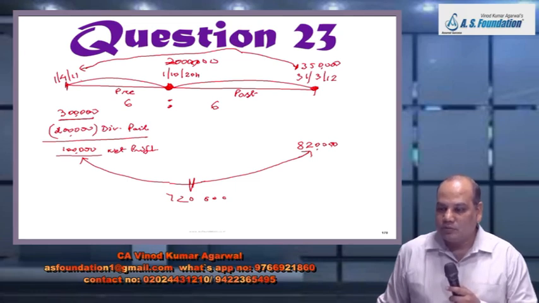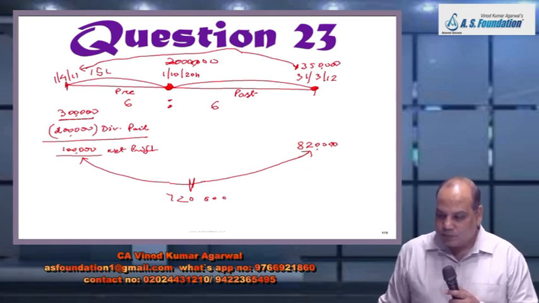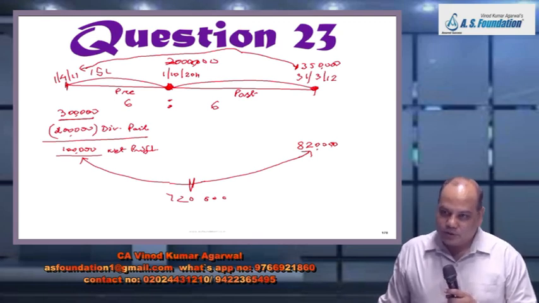How much is that? 15 lakh. And then 15 lakh minus depreciation for 6 months will give you the book value on 1st October. The difference between 20 lakh and that book value is fair value gain on the date of acquisition.